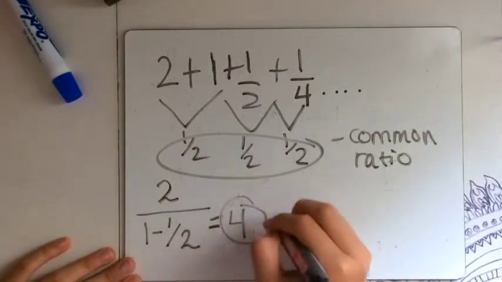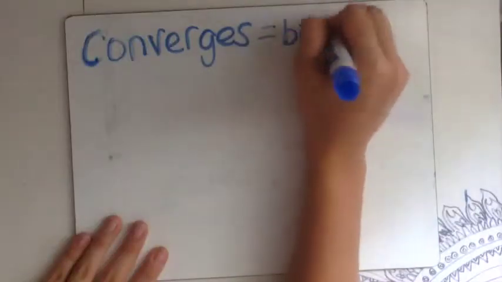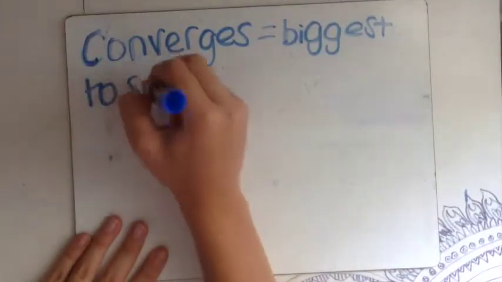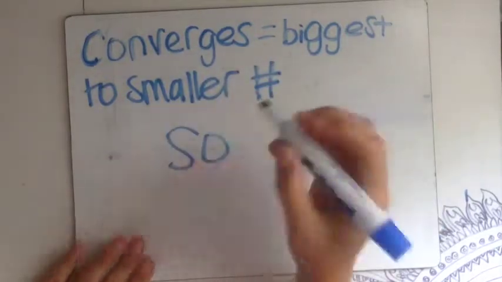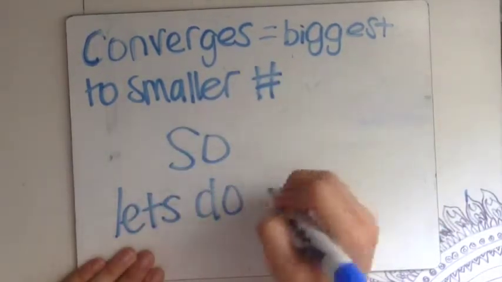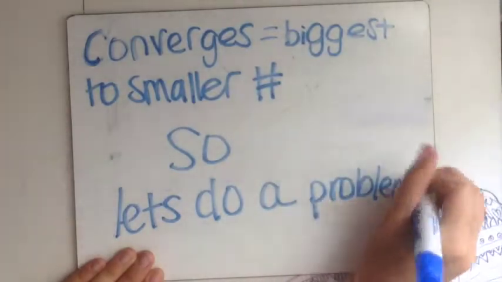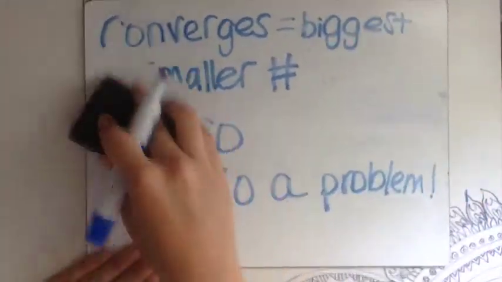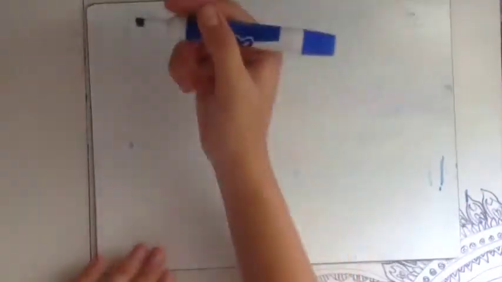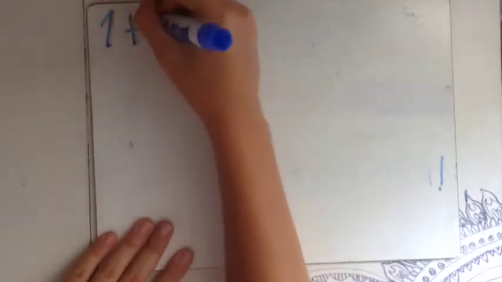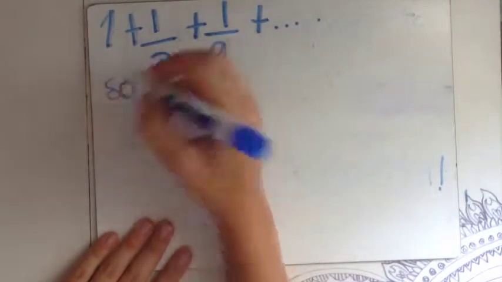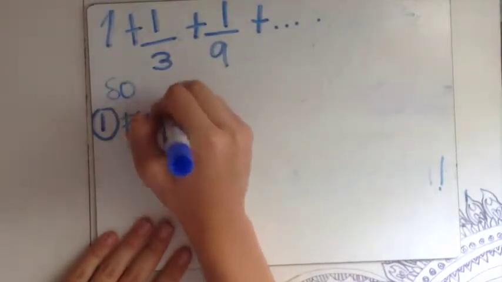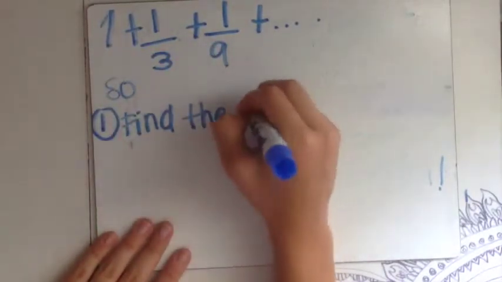Okay, so the next thing that you need to know are the two definitions, converges and diverges. Converges means to go from the biggest to the smaller number. For example, 1 plus 1/3 plus 1/9 plus and so on. The first step is to find the common ratio, which in this case is 1/3.